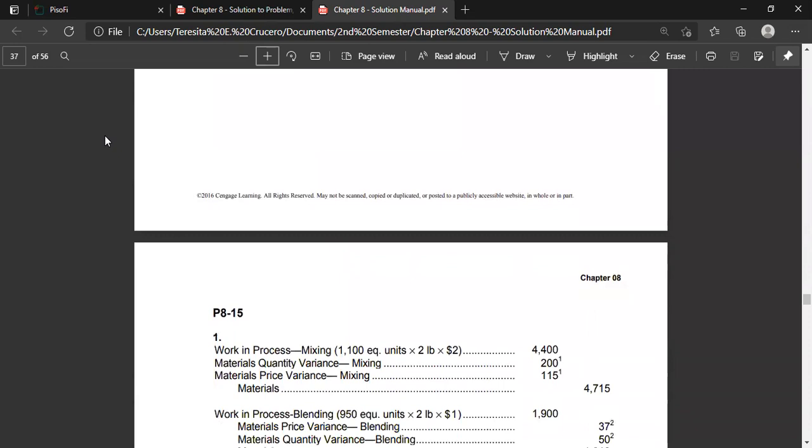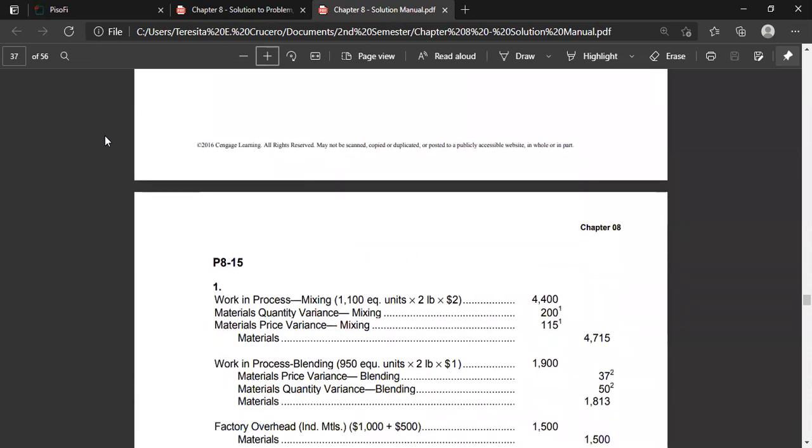Okay, then after 8-14, we have another very long problem. It has 15 requirements for 8-15.